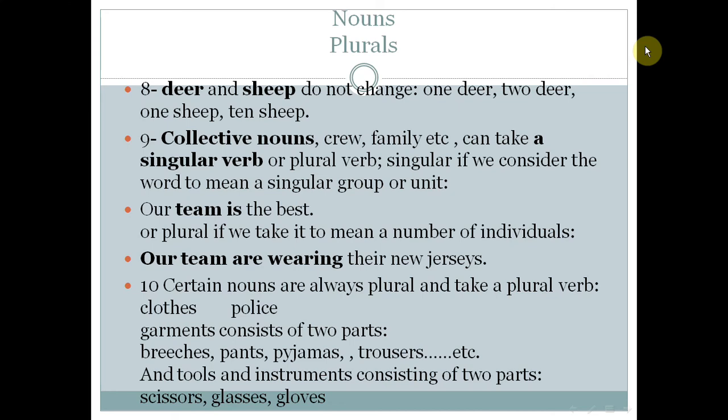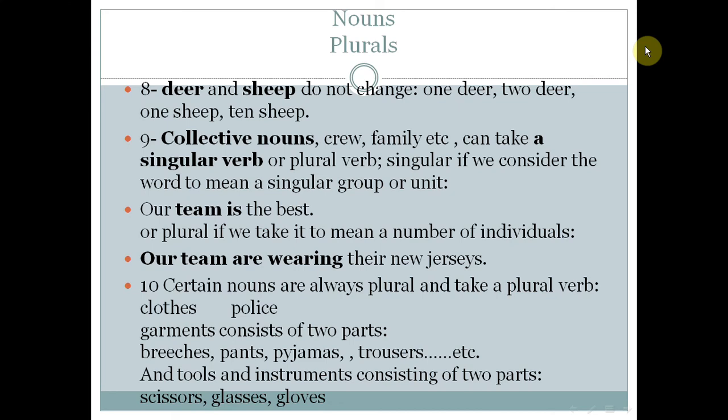Number 10, certain nouns are always plural and take a plural verb, like clothes are new, police are. Garments consisting of two parts: breeches, pants, pajamas, trousers, etc. All these should take a plural verb.